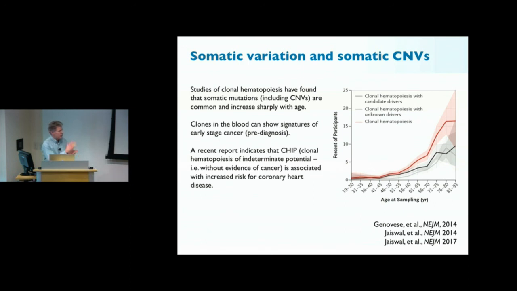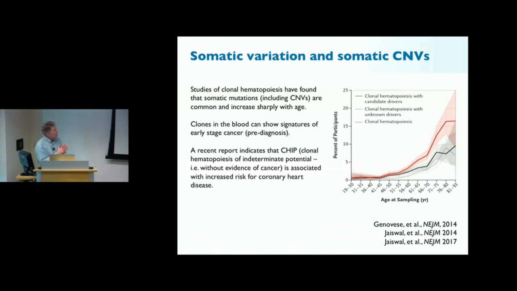There's this sort of hockey stick plot on the right that shows that this clonal hematopoiesis increases with age, and it always kind of gives me the willies, this plot, as I get older. And then more recently, these clonal variants can be both SNPs and indels and also copy number variants. You can find precancer states that you can detect in the blood, even pre-diagnosis.